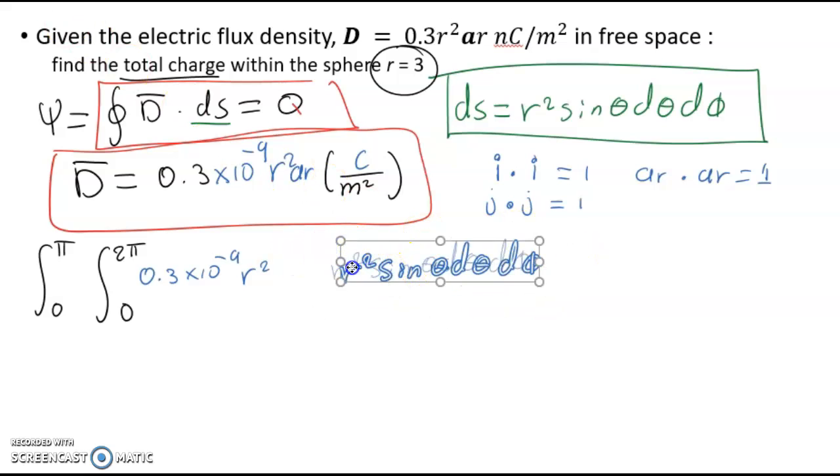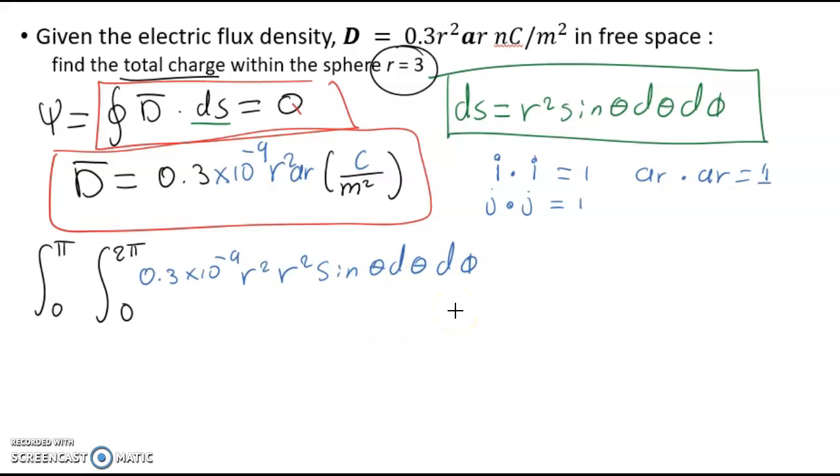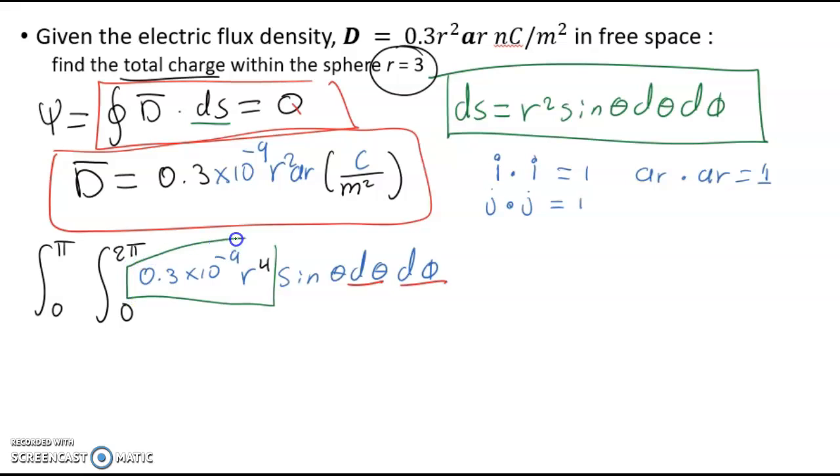Rearrange, and we will make some considerations. Look, we have r squared times r squared. That means we can erase this and raise it to r to the fourth. We're just simplifying the equation. Second, we're going to integrate only over the differential elements, that means theta and phi. Since none of the other expressions contain a theta or a phi, they can go outside of the integration.